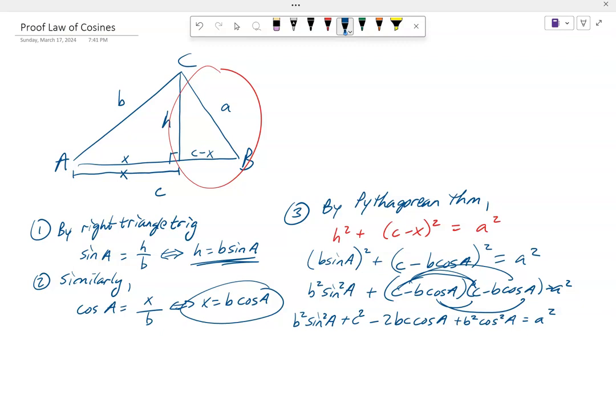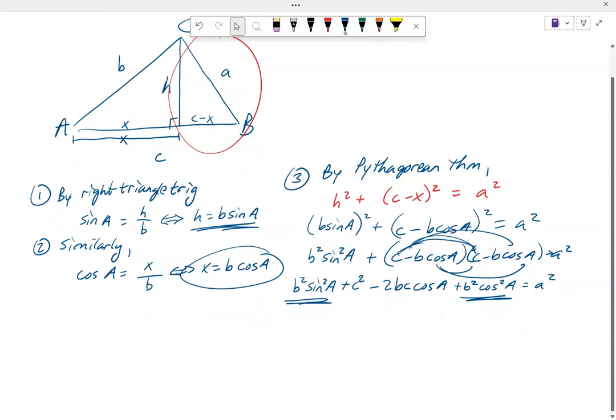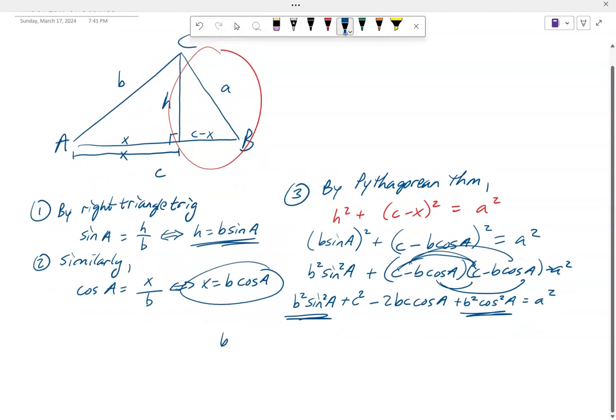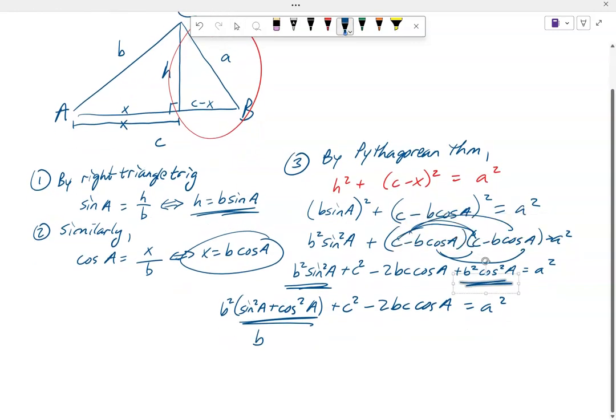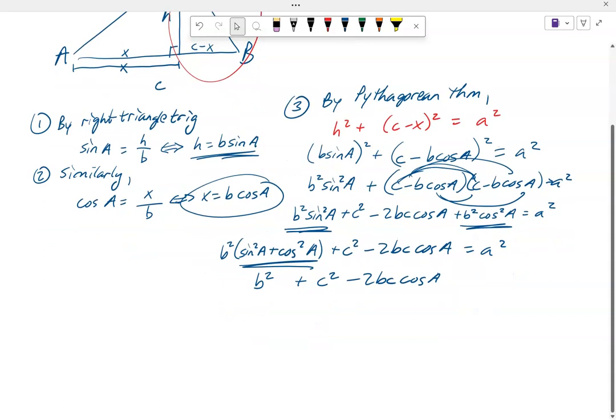Right? Now look at this b squared sine squared and b squared cosine squared. If I take a b squared out of that, I'd have a sine squared plus a cosine squared. Well, we know sine squared plus cosine squared is 1. And then there's our law of cosines, except they usually will put the a squared on the left.